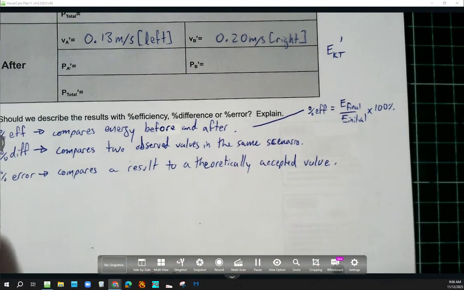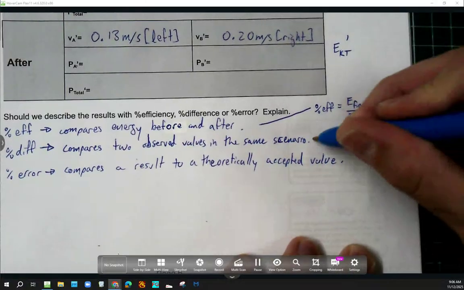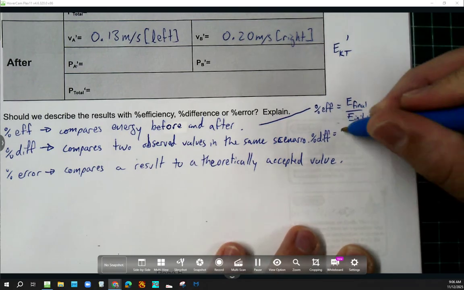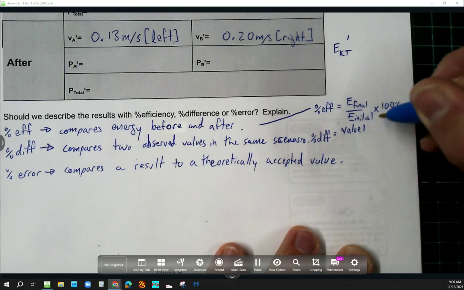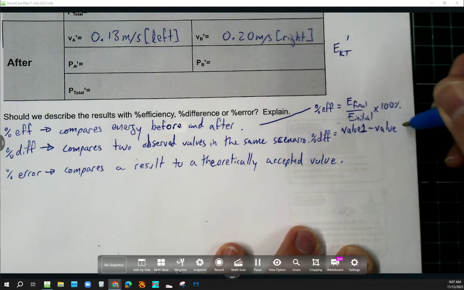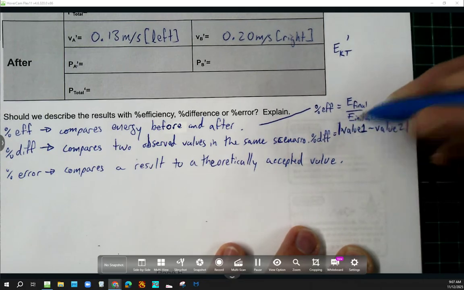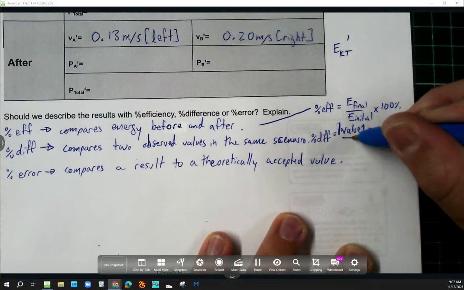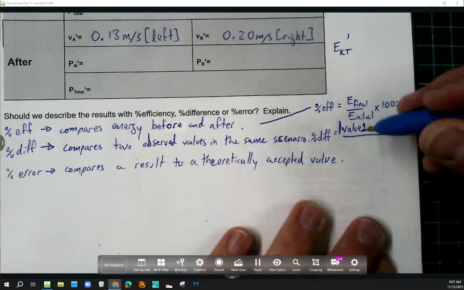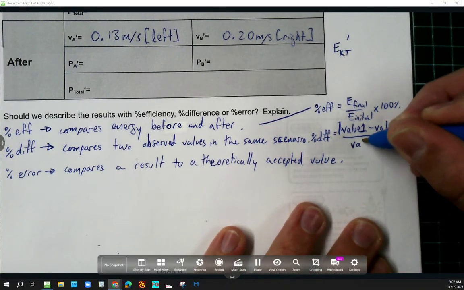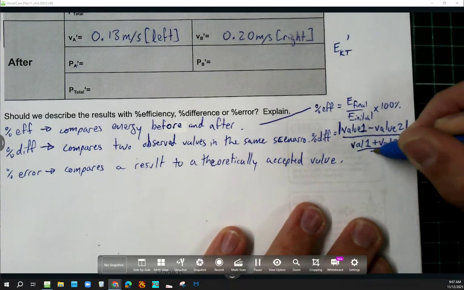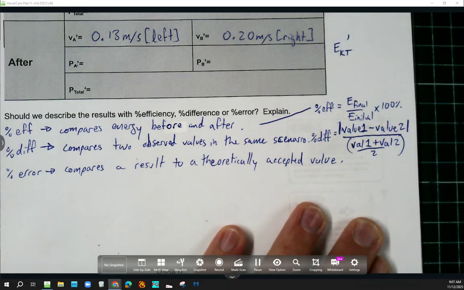Percent difference is value 1 minus value 2, absolute value of that, divided by, really it's the mean of value 1 and value 2. So it's value 1, I'll write it as val 1 plus val 2, divided by 2. The mean of those two values, that's percent difference.